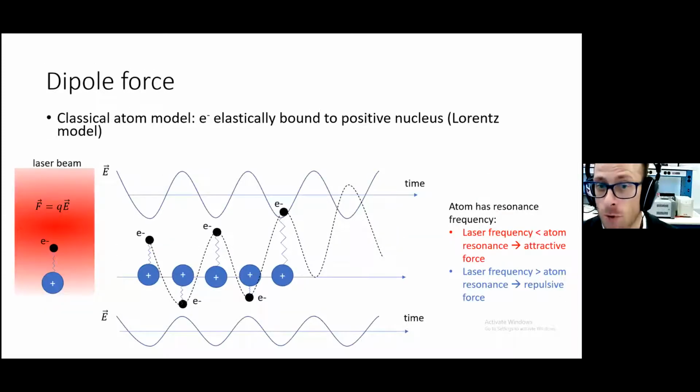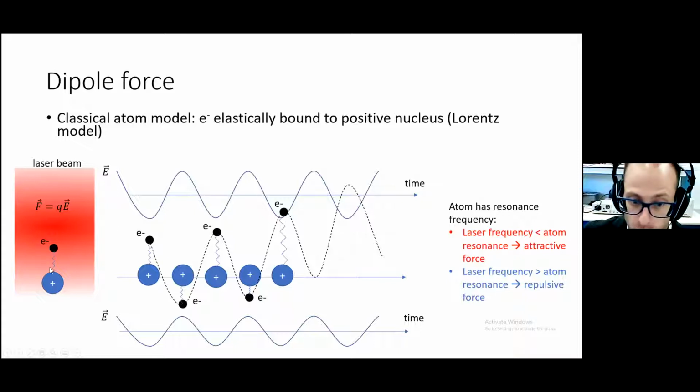So now I'm going to describe in more detail this dipole force that enables us to trap atoms without exciting the atom. And I'm going to use a totally classical model, which I absolutely love, which is called the Lorentz model, and that describes the atom as an electron elastically bound to a positive nucleus. And we put this atom into a gradient of intensity, which corresponds also to a gradient of electric field.